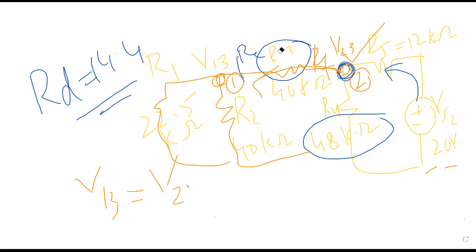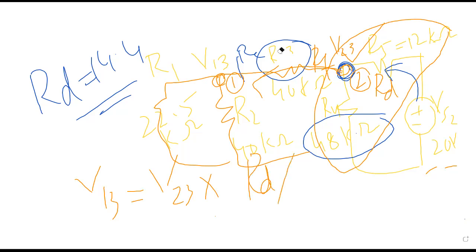So it must be V12 multiplied by, then there is R3 and R4, and this is basically RD. So the two resistances are R3 and RD. So it must be RD upon R3 plus RD.